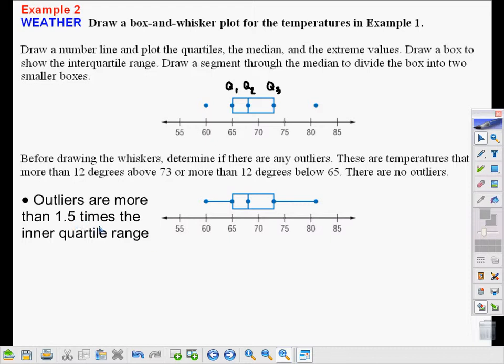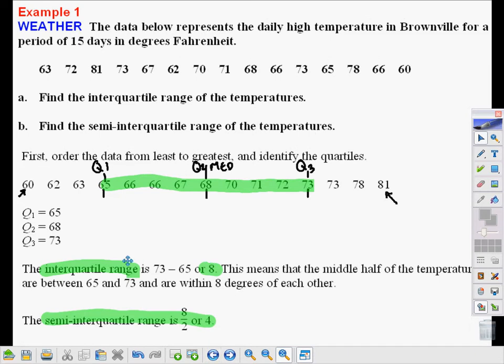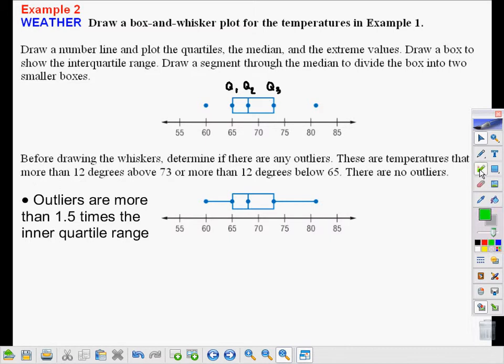So 1.5 times, in this case, 8, because remember we found 8 was our interquartile range. So anything that is 12 degrees above our upper third quartile or 12 degrees below our first quartile.